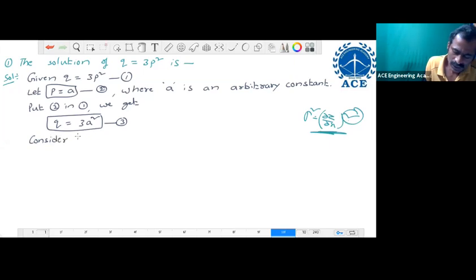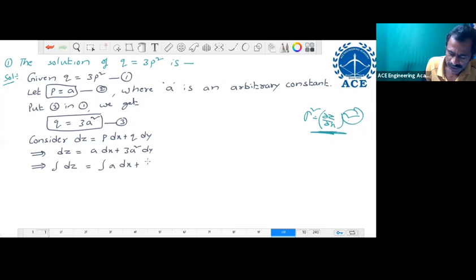Consider dz equal to small p into dx plus small q into dy, which implies dz equal to p is a dx plus q is 3a square dy. And take the integration on both sides. Integral of dz equal to integral of a dx plus integral of 3a square dy plus integral constant b.